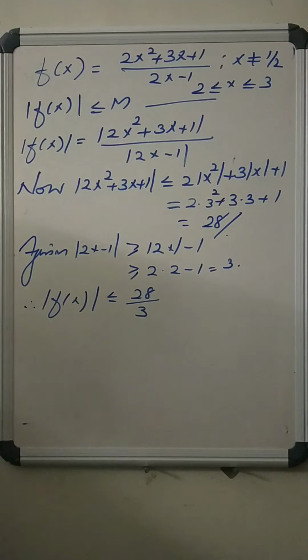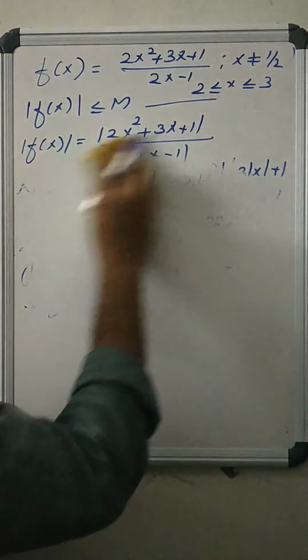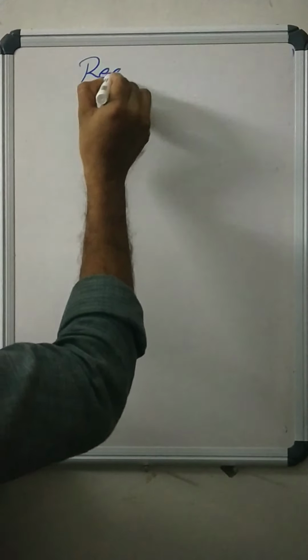So these are some results about these inequalities. Now consider the real line. What is actually a real line?